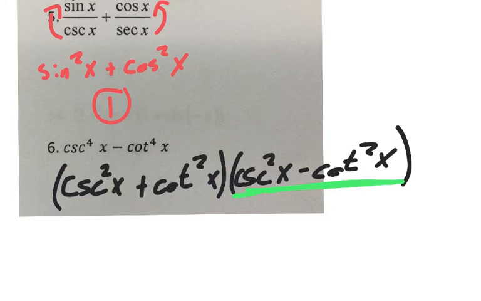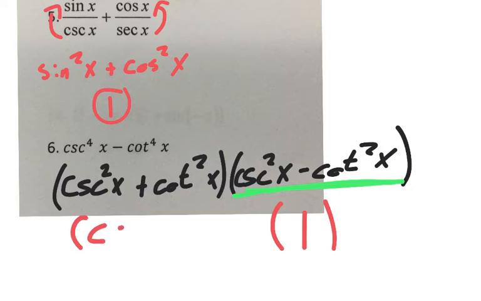If I take 1 plus cotangent squared equals cosecant squared and subtract cotangent squared from both sides, I think about moving cotangent squared over. So that becomes 1 equals cosecant squared minus cotangent squared. So cosecant squared minus cotangent squared, I can substitute in a 1 there. But now I can't make it say cosecant squared plus cotangent squared.